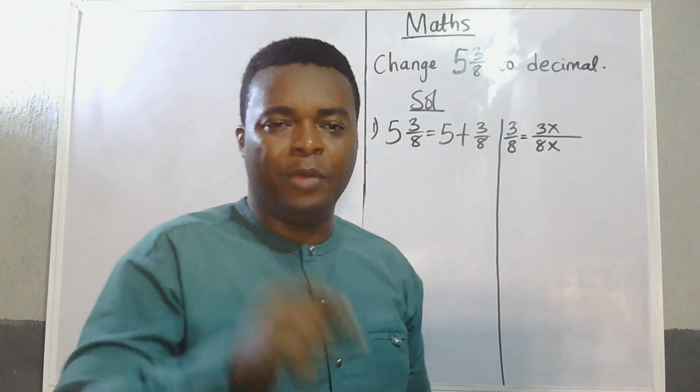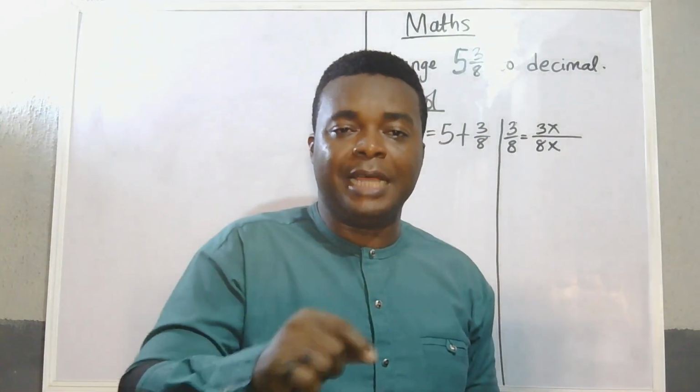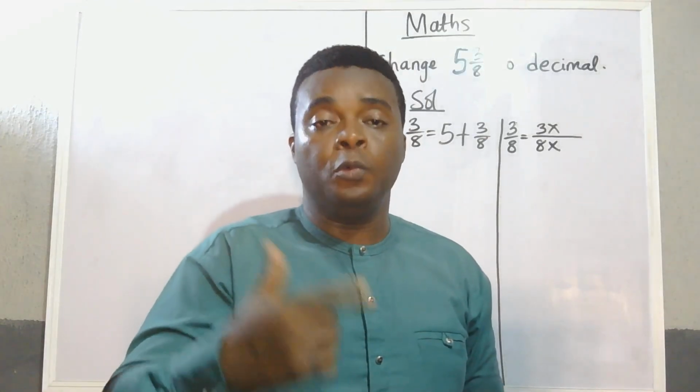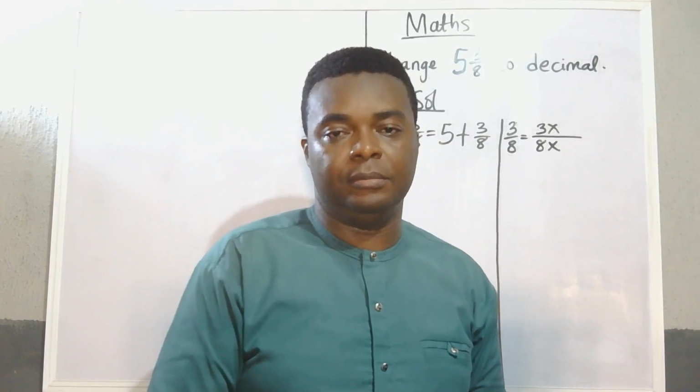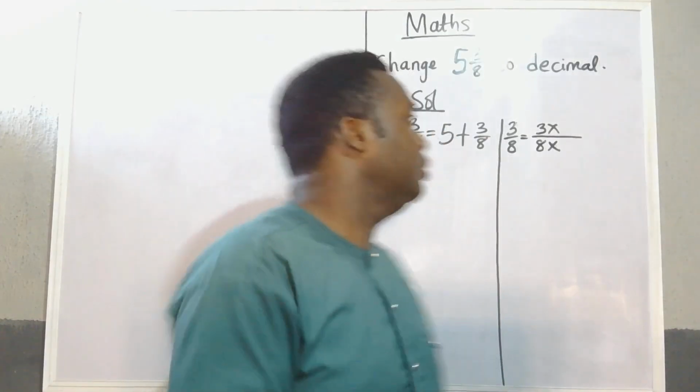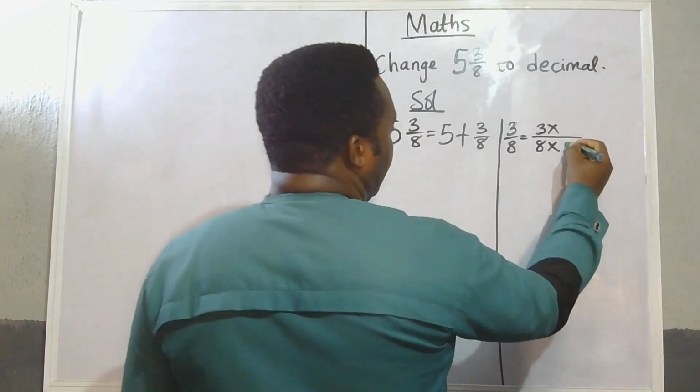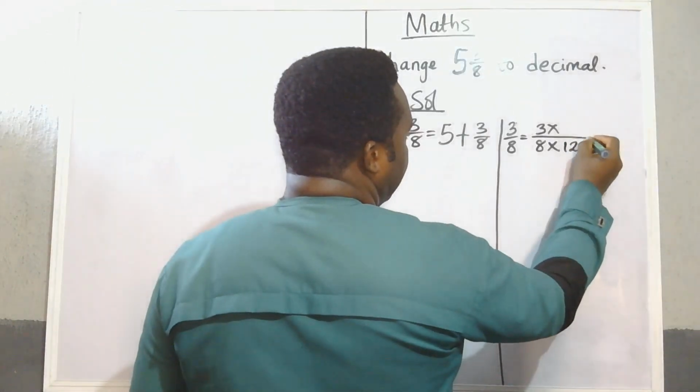However, I can multiply 125 with 8 to give me 1000. Alright? So, I put 125 down here.